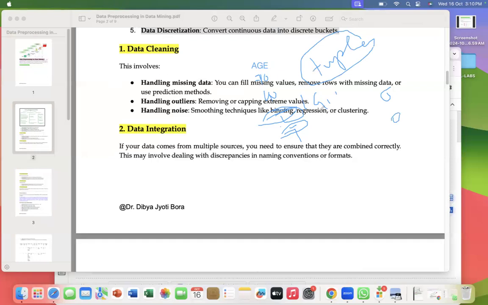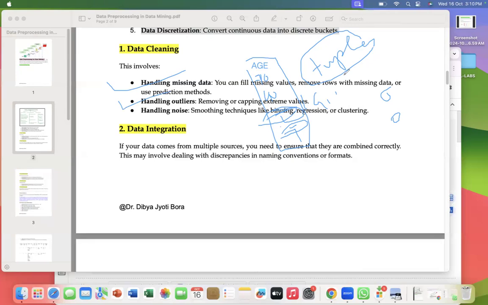In that case, our analysis process will go on smoothly. So we have handled the missing data. Is it okay? All of you got it? Yes, sir.